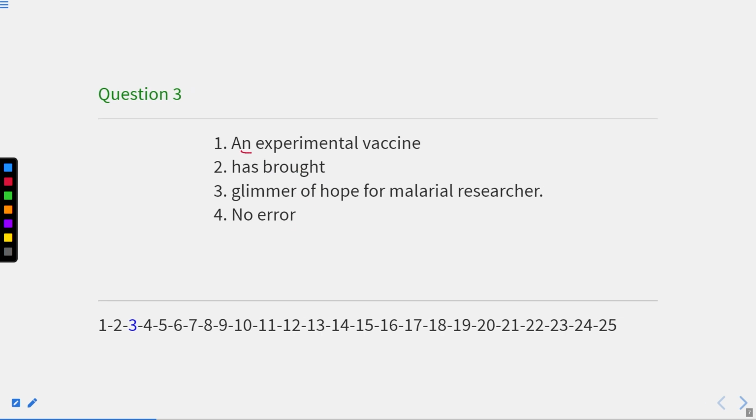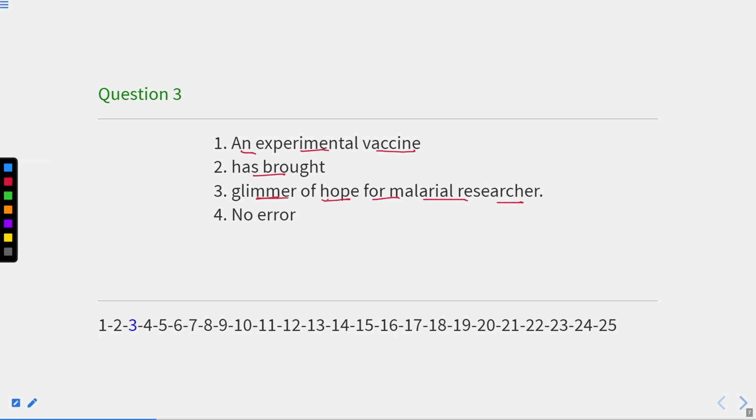Third question is, an experimental vaccine has brought glimmer of hope for malarial researcher. Now glimmer of hope is just like you can say that it gave us the part of hope, or it gave us some hope. Okay, it gave us hope.